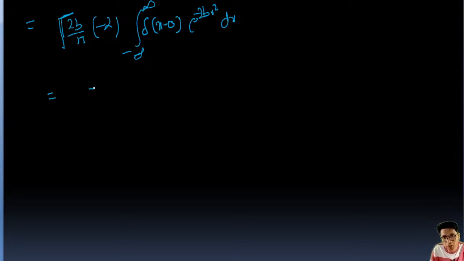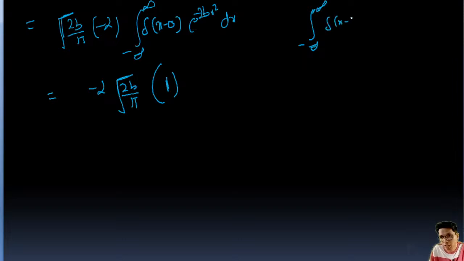This is going to be minus alpha root 2b upon pi, and this integral value is going to be 1. How? Because we know the integration from minus to plus infinity of delta x minus a times f x equals f a.